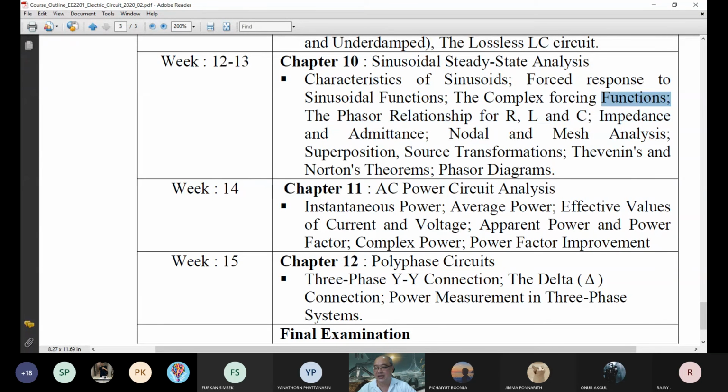Maybe use the RLC in symbol form, with Ohm's law, V equals IR, or the KCL or KVL. Or some questions may be a little more complicated. You must use node analysis, mesh analysis, superposition, source transformation, Thevenin or Norton, and so on.